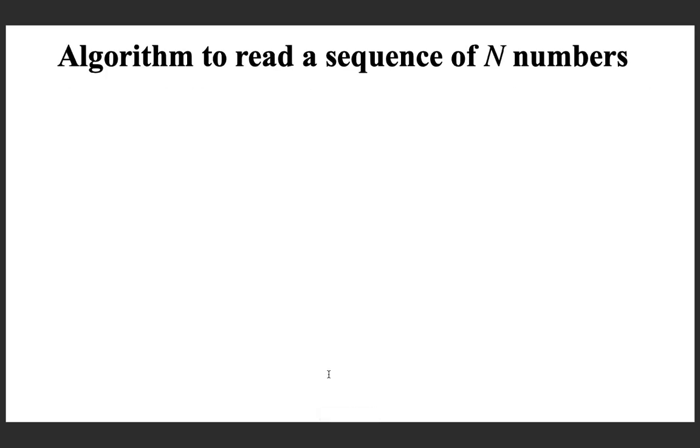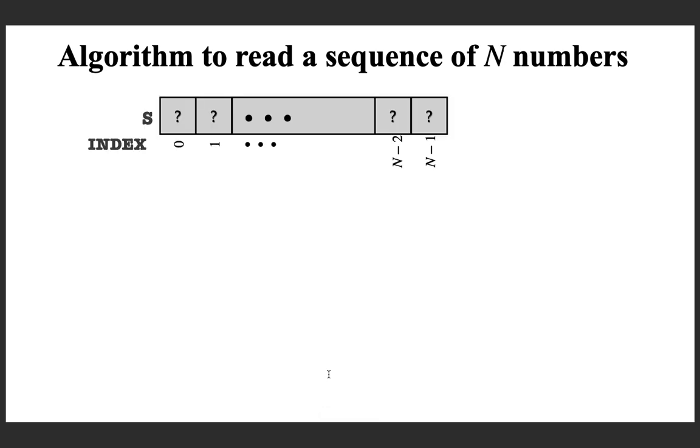Now with the sequence object, we can try to develop an algorithm to read a sequence of n numbers and store it in a sequence. So we need to have a sequence of length n. So the indices are in this set, the index varies from 0 to n minus 1.